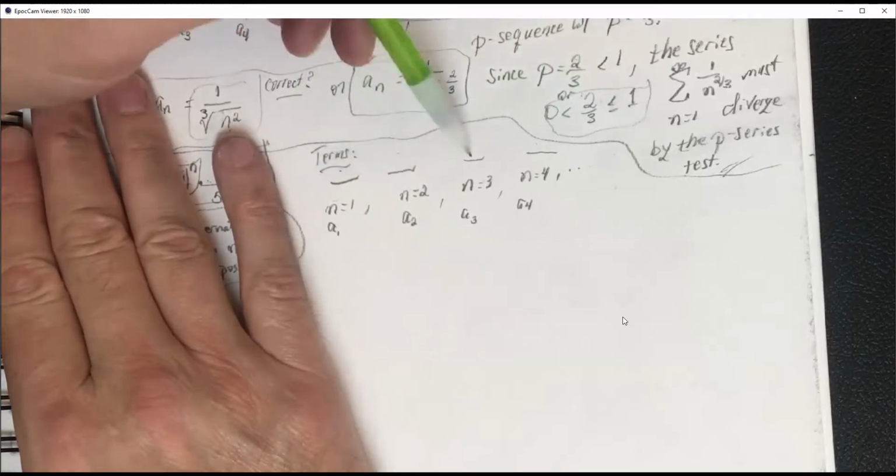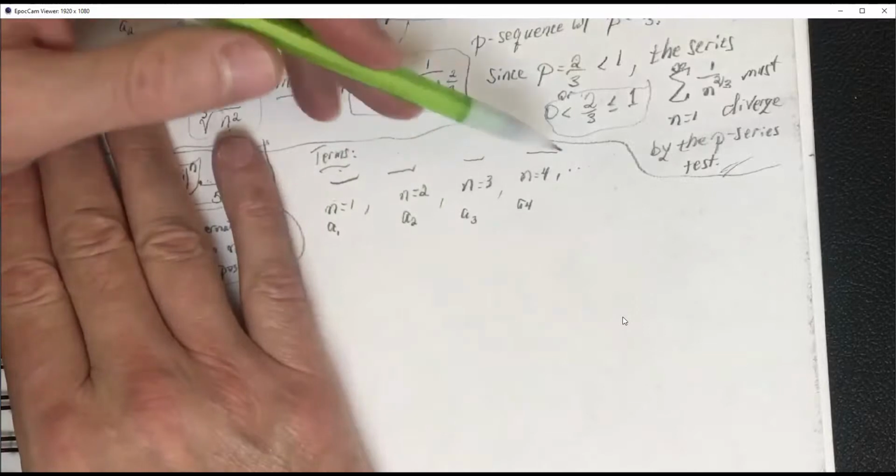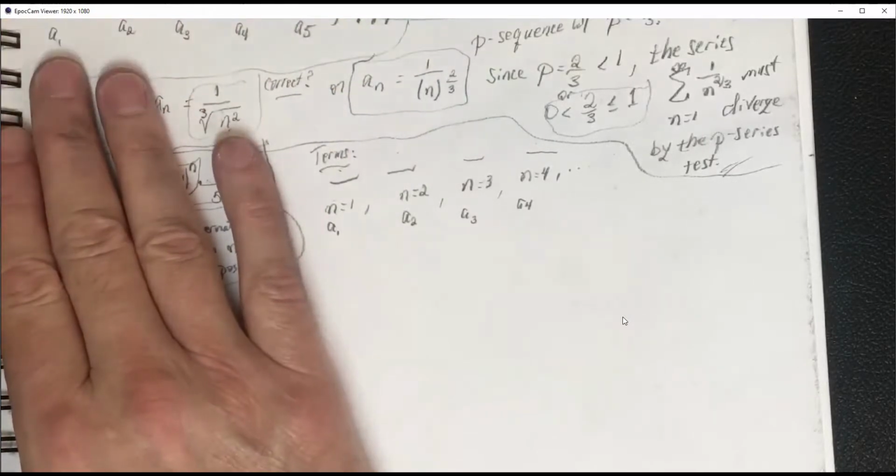If these individual terms diverge, then also when you add them up forever, they will diverge. And that's that first step we always check, which is the nth term test for divergence. Is that okay? Yes.